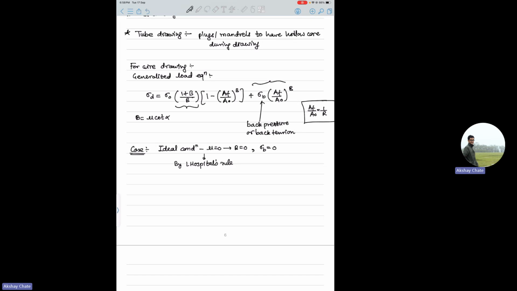So therefore, when you apply L'Hospital's rule and you put the limit b tending to 0, in that case finally you should get sigma d equal to sigma 0 into ln of ai by af. Okay, so this is a very important formula, because sometimes they ask directly things like this. We'll discuss that. So sigma naught is basically its yielding stress or flow stress or something like that, they will give in the question.